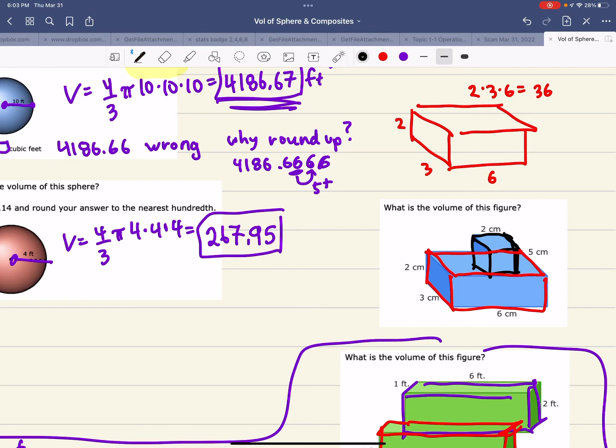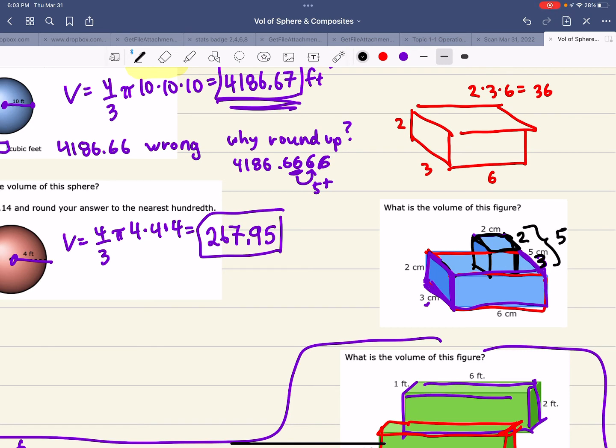Now the prism in the back, I have to look at this a little bit. This distance here is 3. Does this make sense? That's 3, 2, 6, 6. So if this is 2, we assume for the one in the back that this would also be 2 because 2 plus 3 is 5.